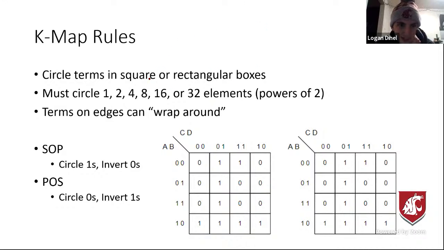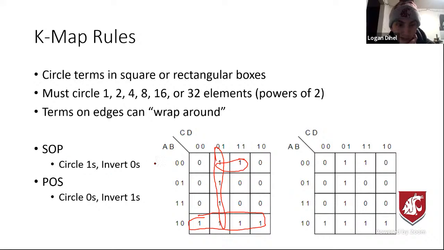The rules for K-maps: you have to circle your terms in square or rectangular boxes, and you have to circle a power of 2 elements. You can't circle 3, that doesn't count; it has to be 4. With SOPs, you circle the 1s, and with POS, you circle the 0s. I'll do this one real quick on the left. For the SOP, I could do something like this for the first circle, and then a loop around here, and then one like that.